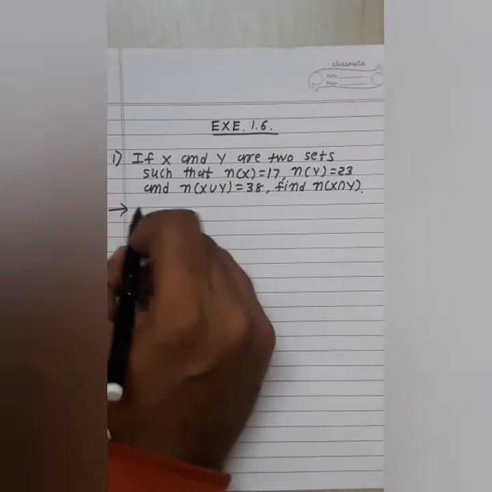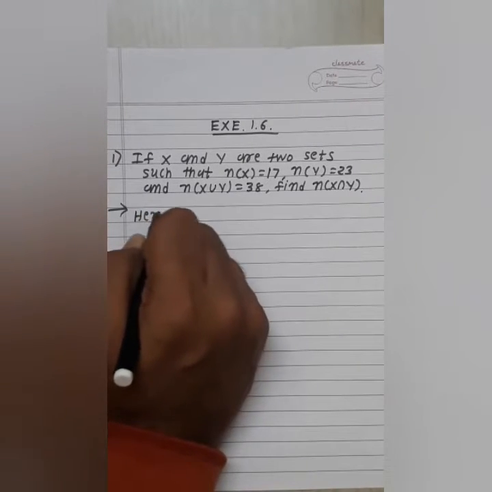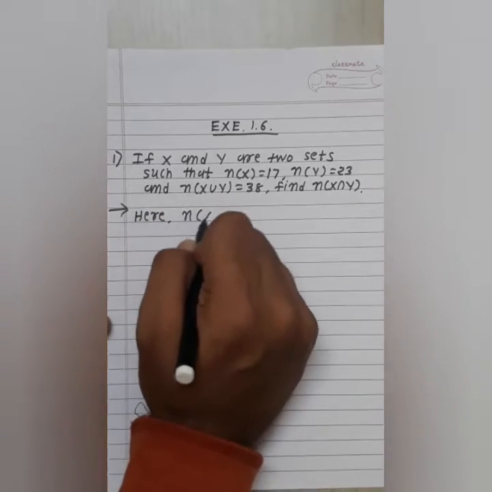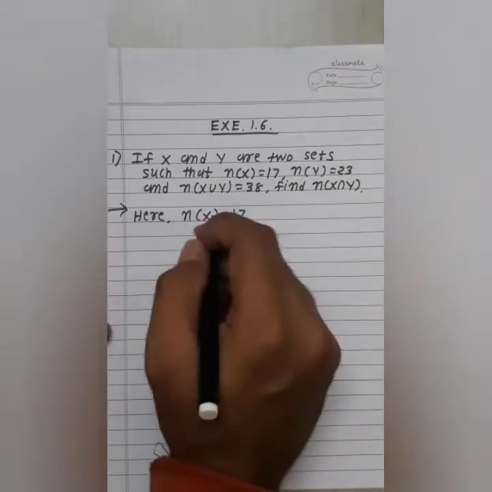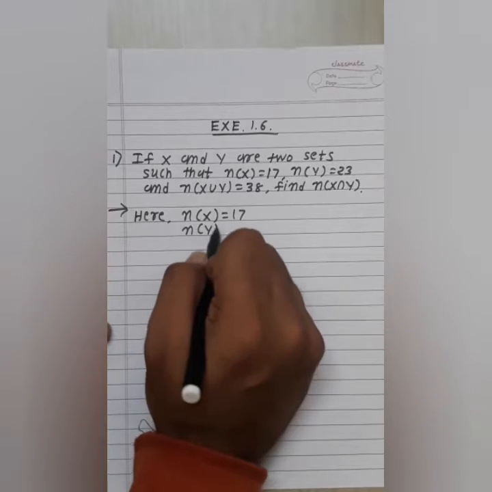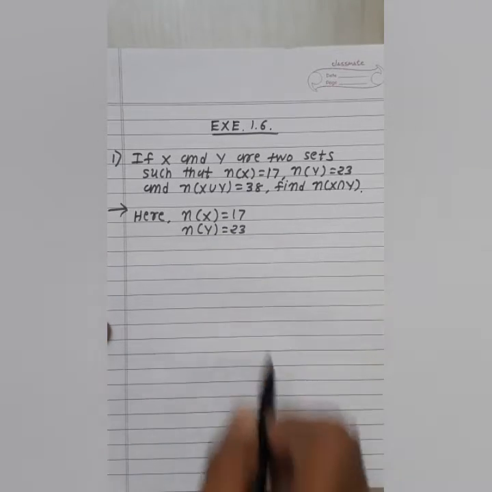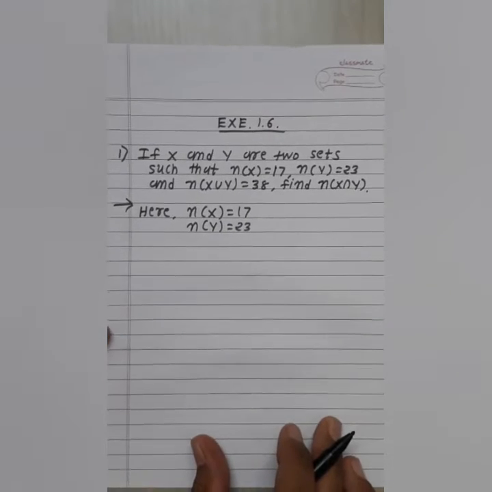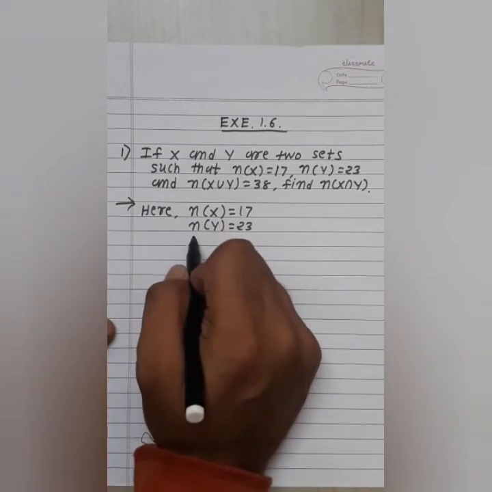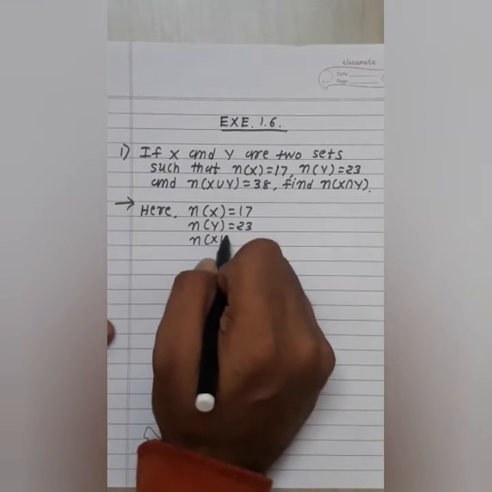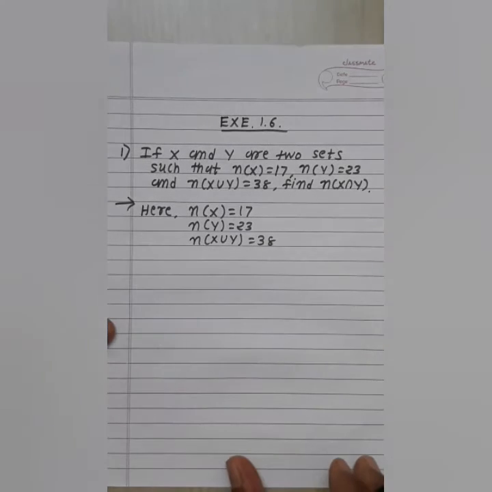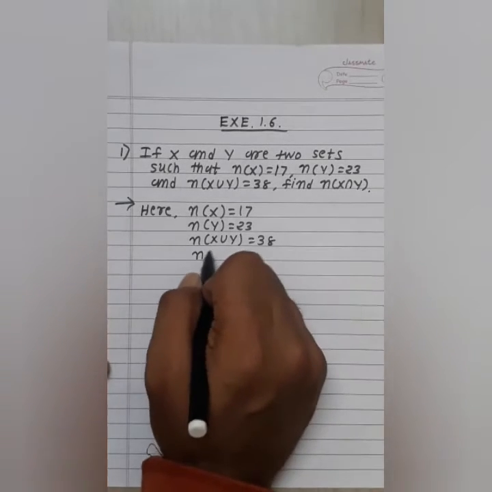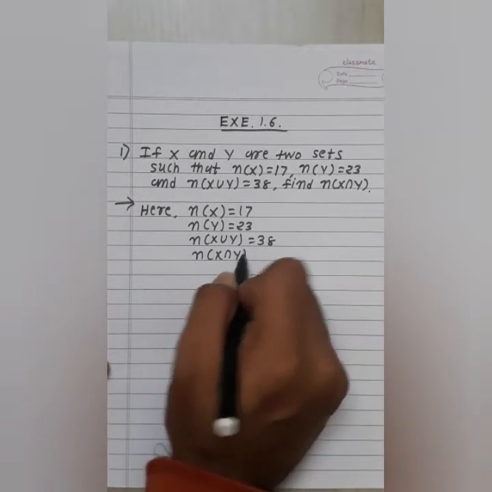First of all we write n of x is equal to 17, n of y is equal to 23, and n of x union y is equal to 38, and we have to find n of x intersection y.